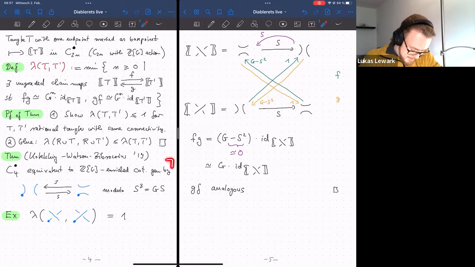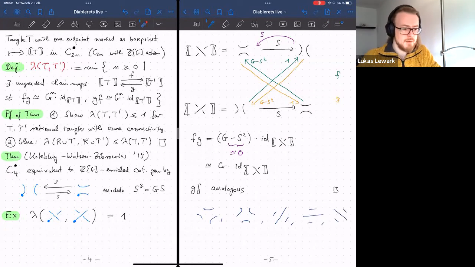But if you're just interested in this, I think it's doable to write down an analogous theorem for C6. For C6, you're going to have 5 objects, not 2, but you're going to have these 5 objects here. This one, this one, this one, this one, and this one.